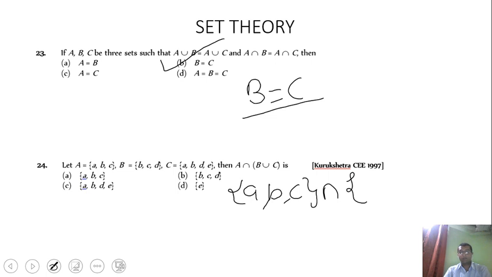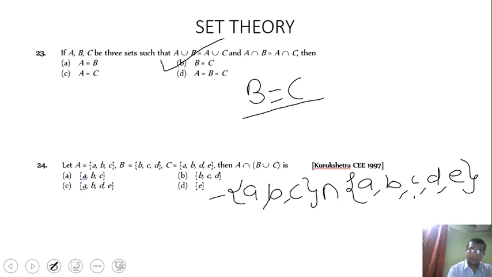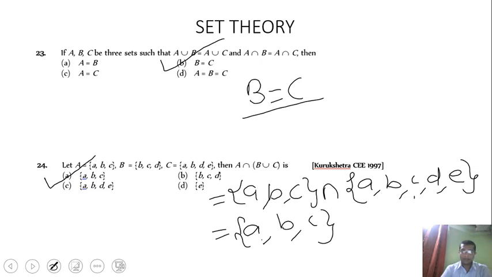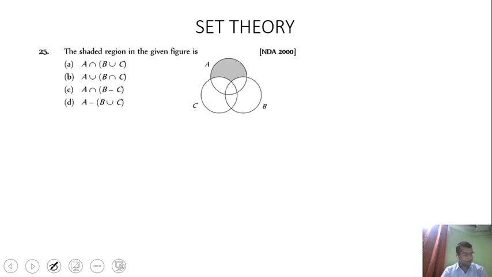Then we write B union C. Union means all the elements we should take into consideration, that is A, B, C, D, E. If we take the intersection over this, we get A, B, C. That is, option A is the right answer.